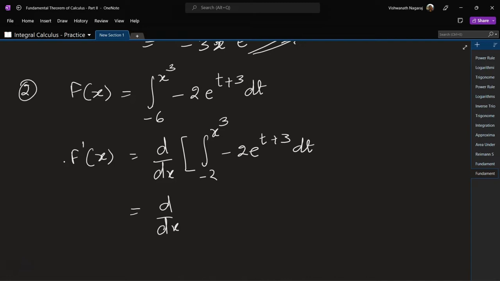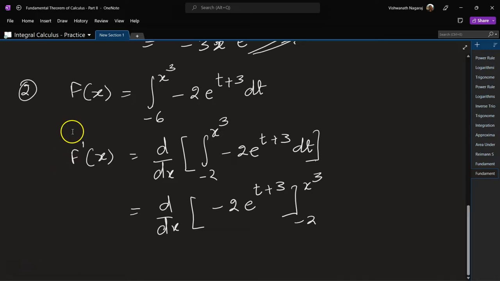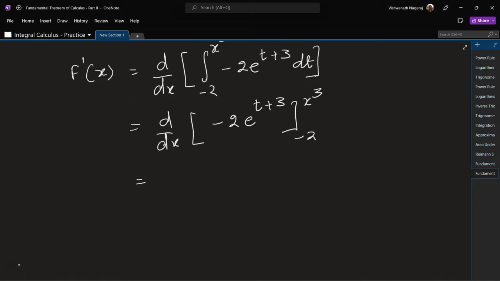So d by dx of, let's integrate this. If we integrate it, we get minus 2 e to the power of t plus 3 itself in the interval minus 2 to x cube. Let's take care of the boundaries, minus 2 and x cube.